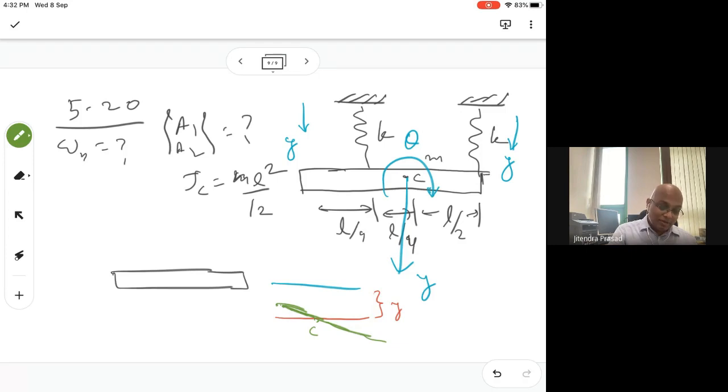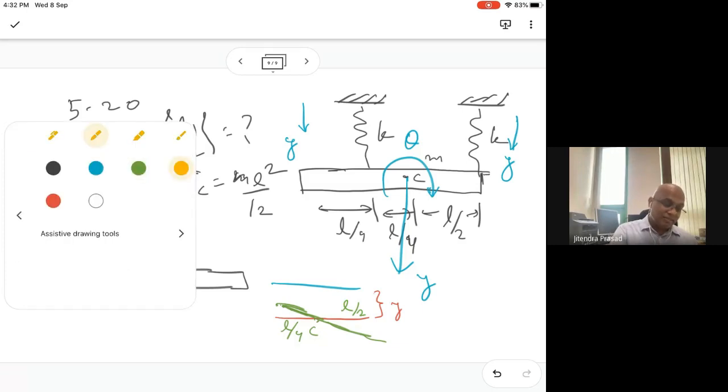We have L/4 here and L/2 here, and hence we can write the value.